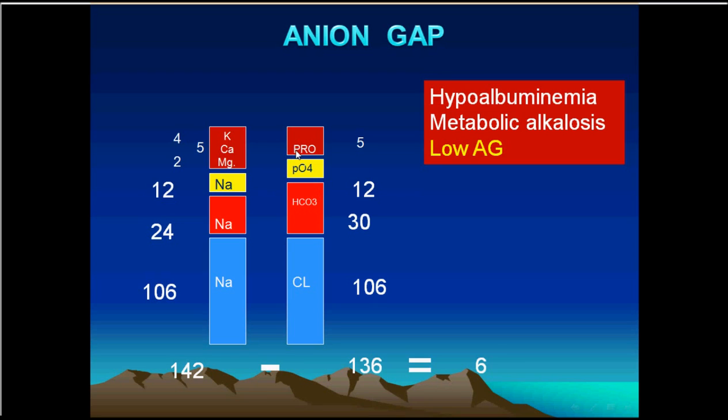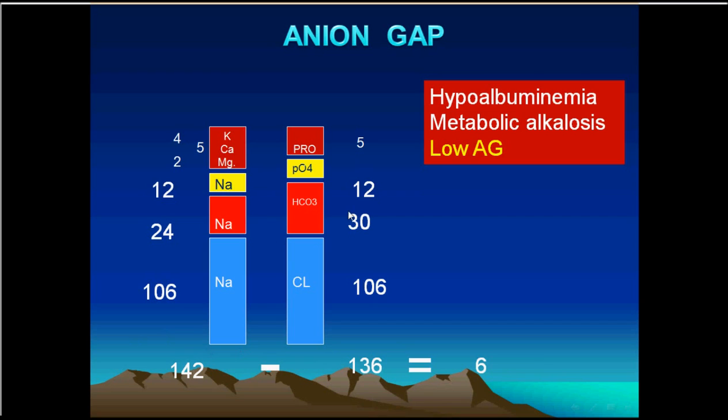So a decrease in the albumin will be associated with an increase in the bicarbonate. And we mentioned before that a decrease in the albumin by 1 gram will be associated with an increase in the bicarbonate by 2.5 milliequivalent. So this is a very important point. If the patient has hypoalbuminemia, this will be associated with an increase in the bicarbonate, say instead of 24 it becomes 30, something like that, but no change in sodium.